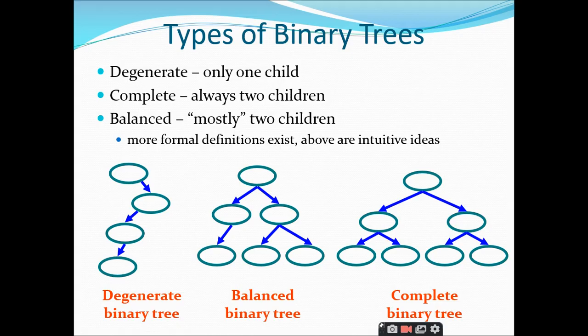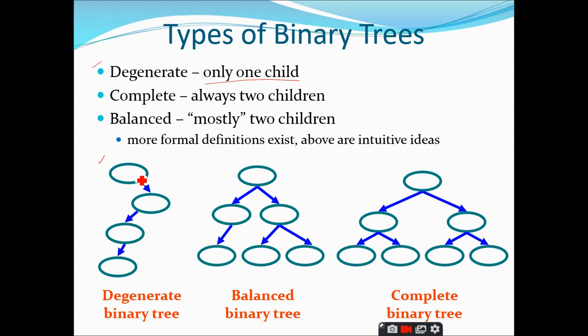So now coming to some more types of binary trees, that is the degenerate tree. Degenerate means only one child for each and every node. Such trees are called degenerate trees. If you consider this example, the root node has the right child, the right child has the left child, and again the left child has the left child.